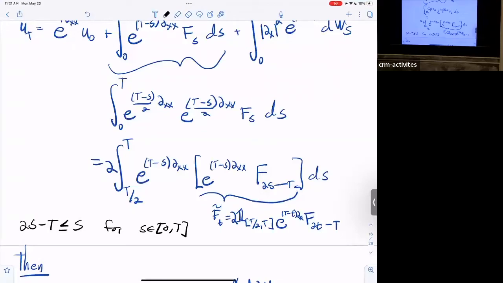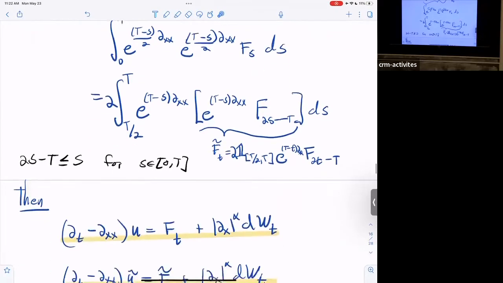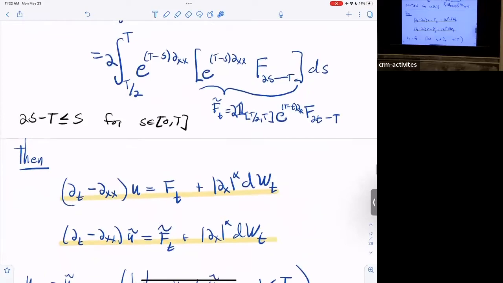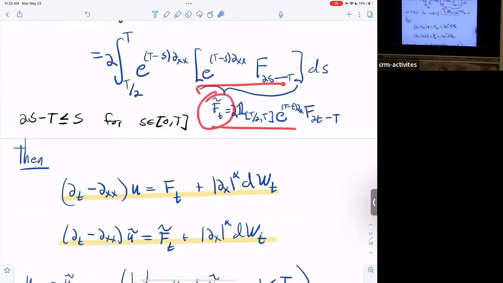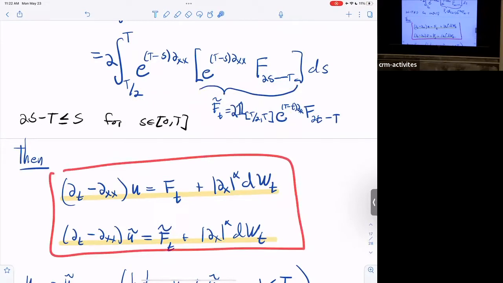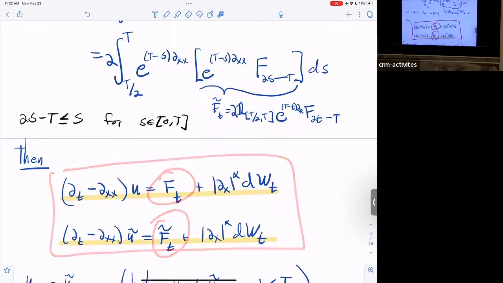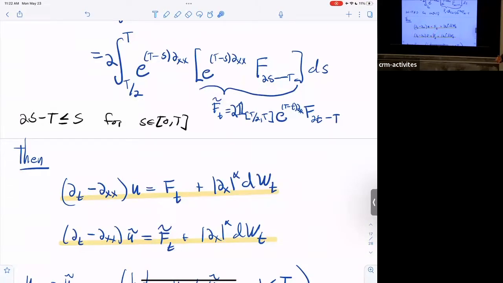So this is actually always adapted. So what I could do is call this little part here f tilde. Well, this is just Duhamel again applied to this f tilde, right? So I have these two different equations, one with f and one with f tilde, that don't agree anywhere except at time capital T. At time capital T, these two solutions agree.